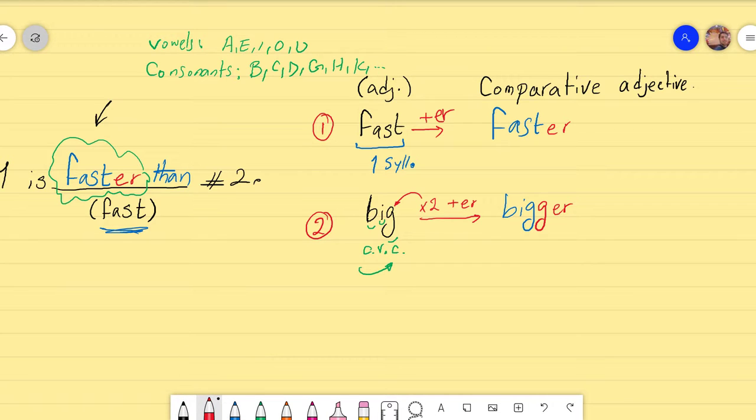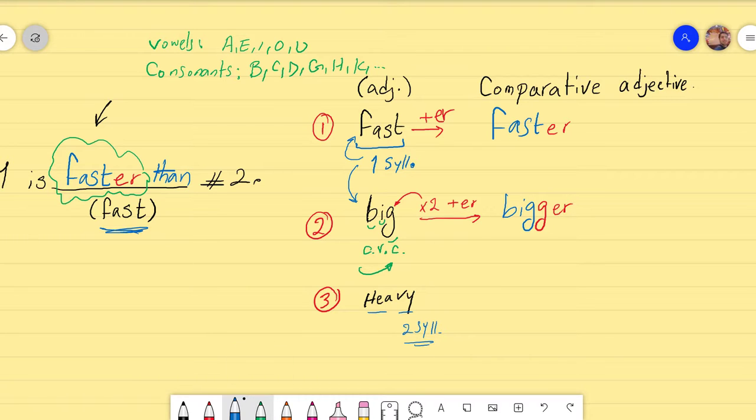So number 3 that we want to talk about is, look at this adjective. Heavy. How many syllables is heavy? Heavy. 2 syllables. So it's not one syllable. This was one syllable, but here we have 2 syllables.